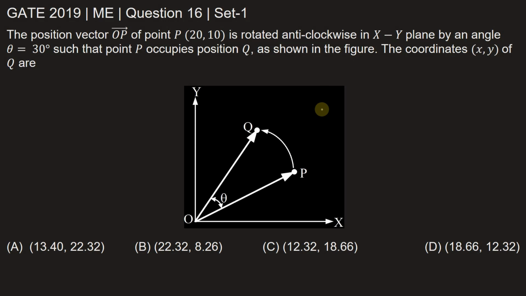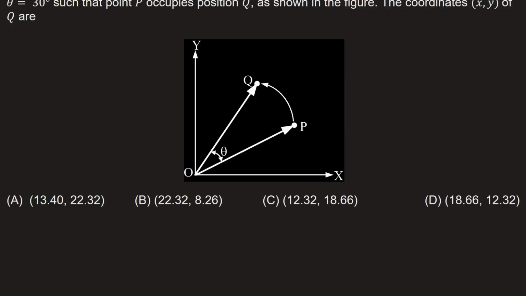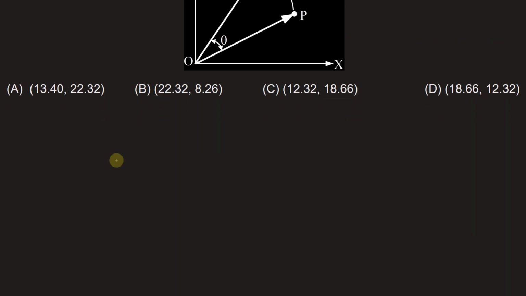Now before solving this problem, it's better to first have a look at the types of transformations. So let's understand linear transformation. A 2D transformation can be of several types.